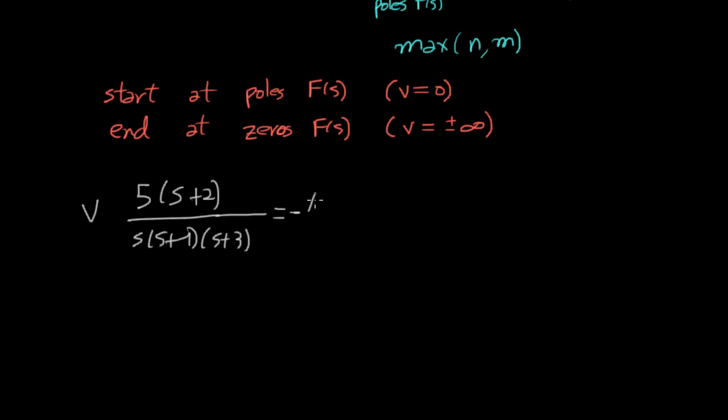In this characteristic equation, f of s has 3 finite poles and only one finite zero. So we have this pole, this pole, this pole, and this zero.